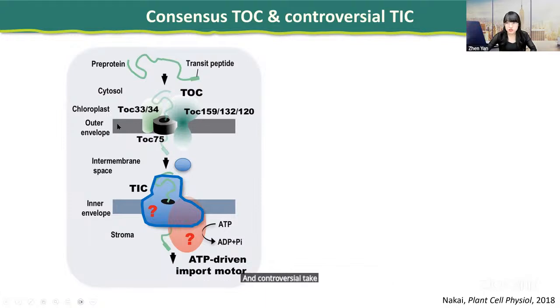TOC consists of 3 components: TOC75, which forms the conducting pore for the substrate preprotein, and also a member of the TOC34 family and a member of the TOC159 family. The 3 of them constitute this translocon at the outer envelope membrane. But for TIC, which proteins constitute this translocon has sparked a lot of debate.